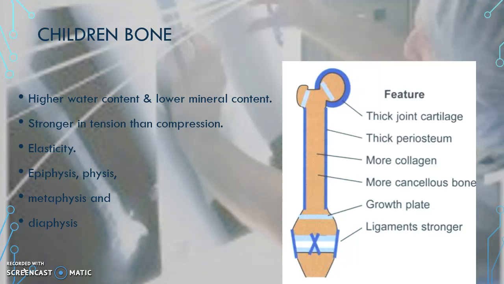Being more cancellous bone and having more cartilaginous regions, the force is not propagated in the rest of the bone, and it is not communicated, and the fracture is not comminuted.